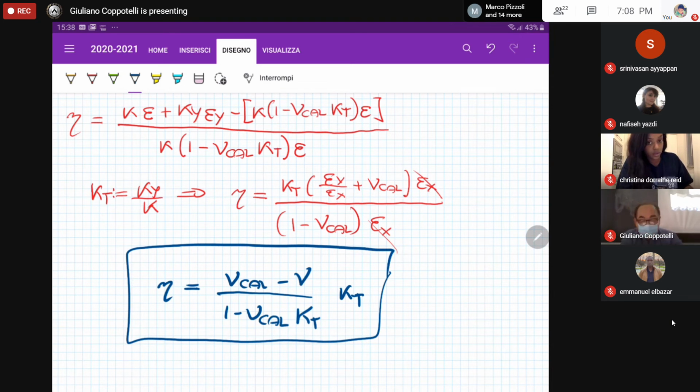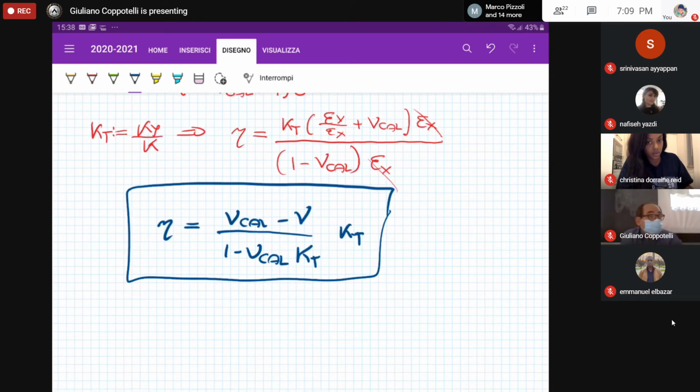As you can see, if you are using this strain gauge on the same material of the calibrating one, then the error is 0. That is, if epsilon y over epsilon x is equal to minus the calibration, okay, let me rewrite this. Is coincident to this one, then what does it mean?